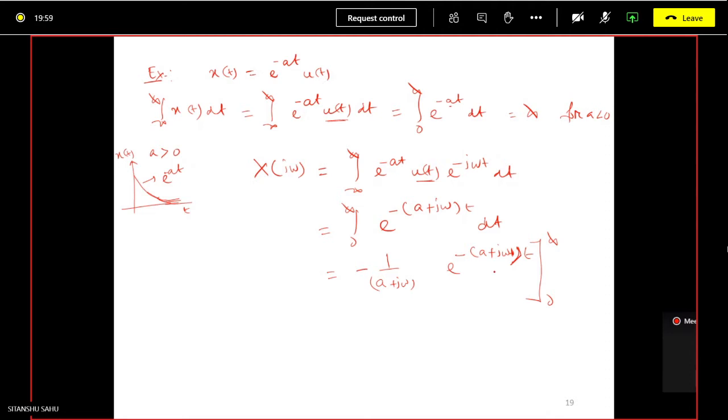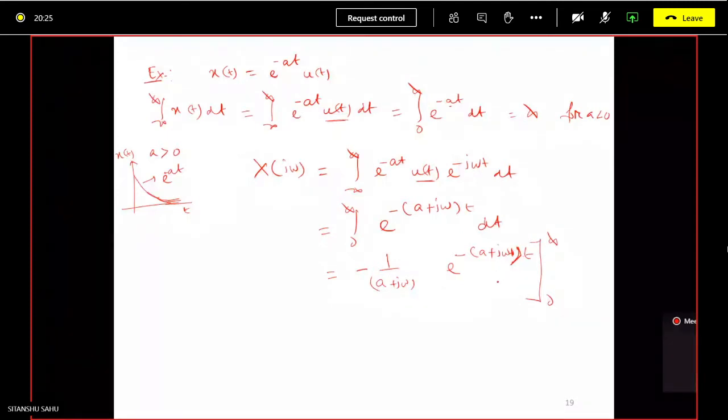If you put infinity in t, this will be e to the power minus infinity, so 1 upon e to the power infinity, which is 0. Then minus of, putting 0 in t, this will be e to the power minus 0, which becomes 1.